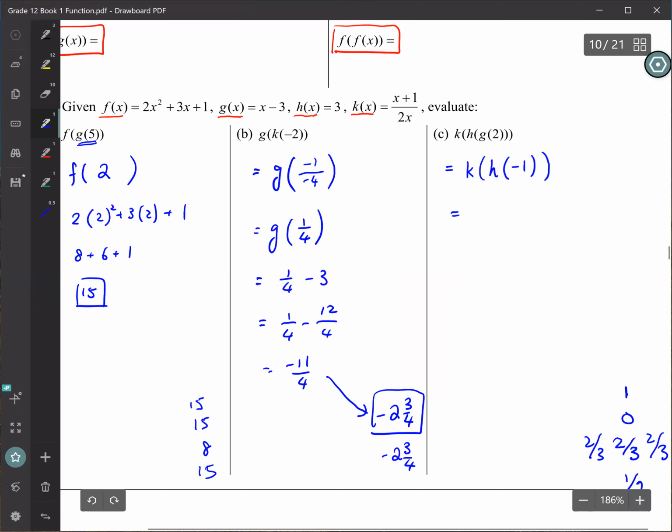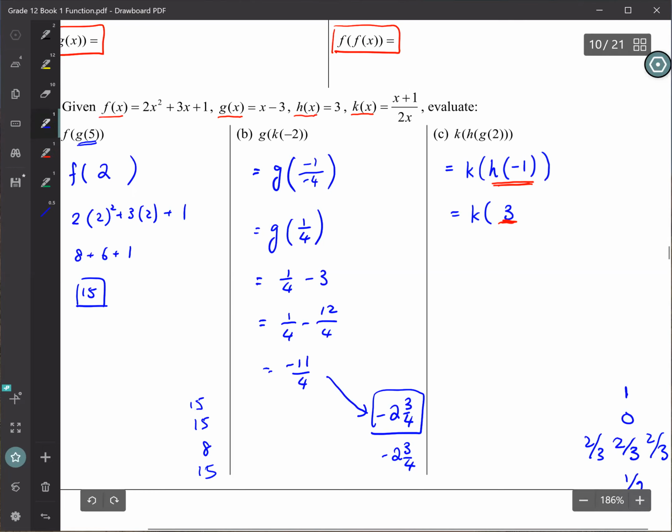And then h of -1, now we need to do this part, the red part. We have to look at the h because it has no x. So what is h of -1? Cindy? Just 3. Yeah, it will stay 3. It doesn't matter what you put in, right? h of 5, h of 11, h of -1. There's no x value for you to change. So it will come out as 3 again, right? So it'll stay there.